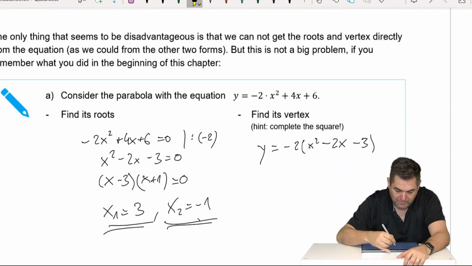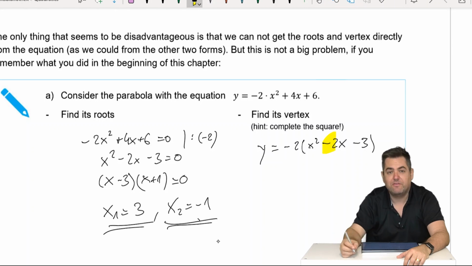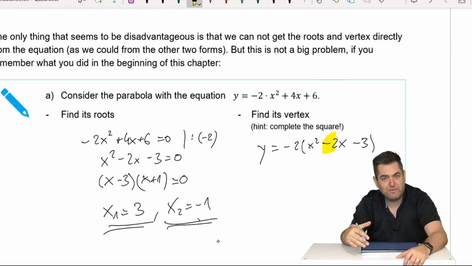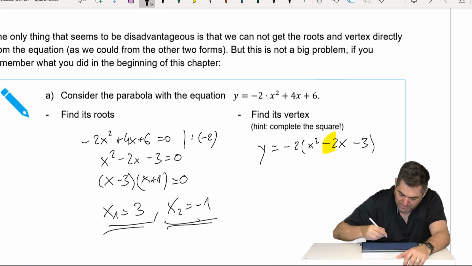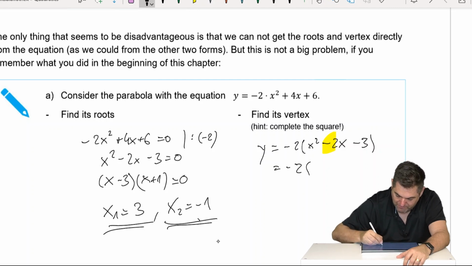And then I take this number which is in front of x, I divide it by 2, you get -1. Then you square it, you'll get 1. And I will add and subtract this number. So I have this here.